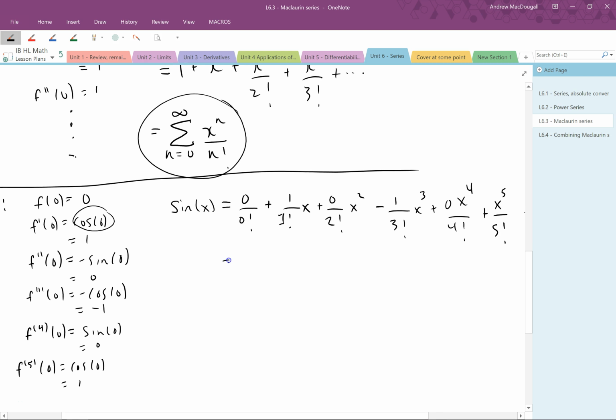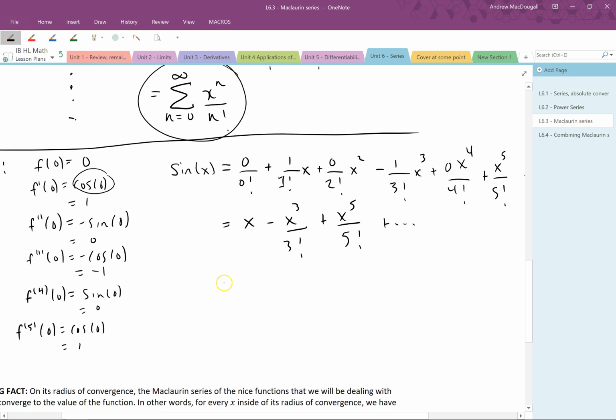So let's simplify. This is x minus x cubed over 3 factorial plus x to the 5 over 5 factorial. And you'll see this is an alternating series. And if you kept going, you get all the odd powers of x only.